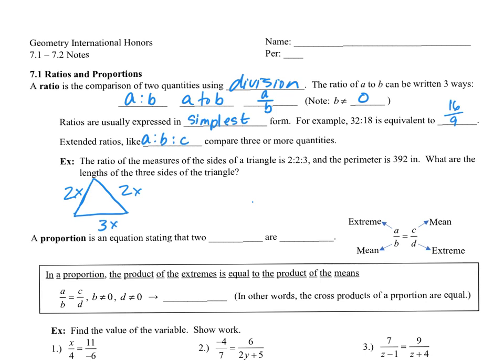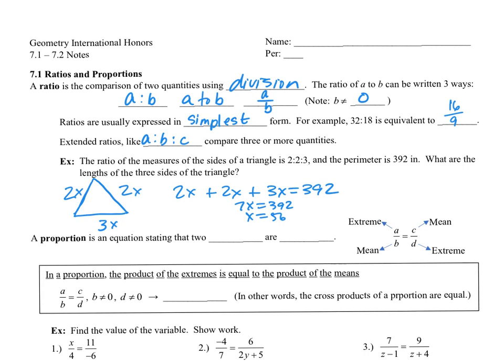So we're just going to write the equation that 2x plus 2x plus 3x equals 392. Now we can solve that. So what would that be? 7x equals 392. And if I divide both sides by 7, then x is 56.